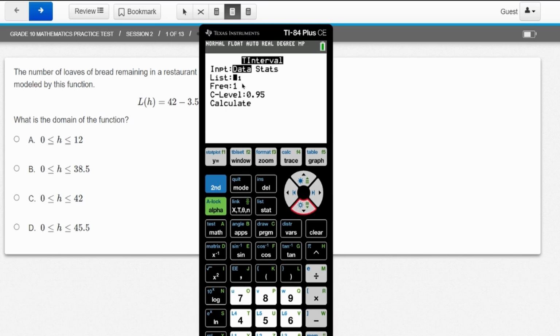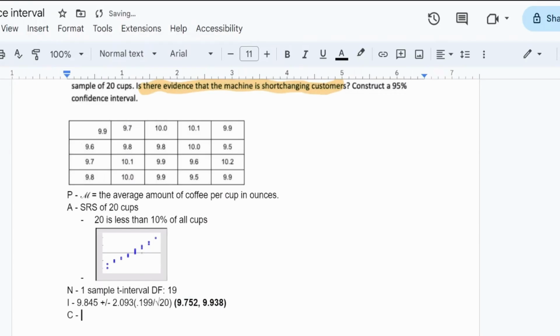You put it in whatever list you put the data in. Frequency, we leave at 1. C level, confidence level, as we saw in the test, was 95. Now we press calculate. And this is our interval right here. Right, and now we have our confidence interval, and the last thing to do is state our conclusion.